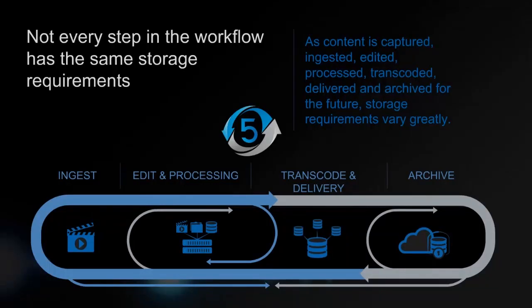And I think when we talk about every step of the workflow being different, I think you can see when you approach a storage workflow, we can literally provide the high performance storage for ingest, the editing and processing that usually is on high performance, transcode and delivery, again, depending on the environment. Some high performance environments that have a lot of throughput might actually have high performance storage in their transcode.